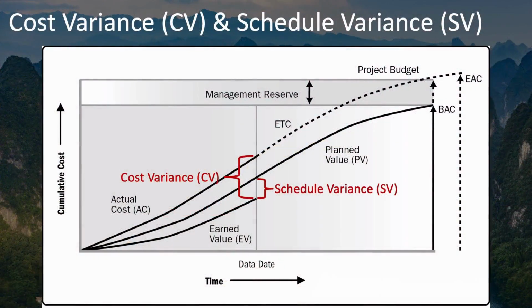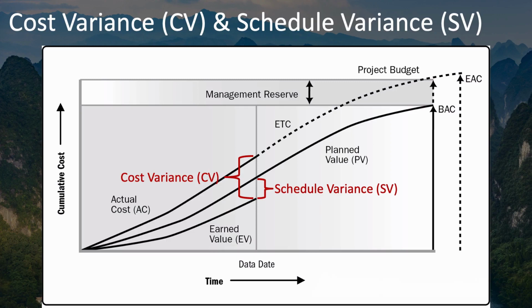Here we have an earned value analysis chart, similar to the previous one, which shows the planned value line pretty much down the middle here, and it shows the earned value line below it and the actual cost line above it. By comparing the planned value to the earned value, you can see the schedule variance.